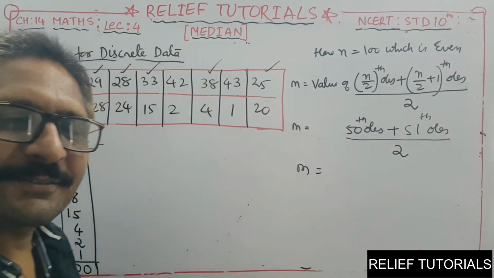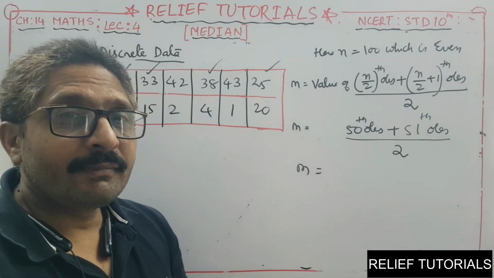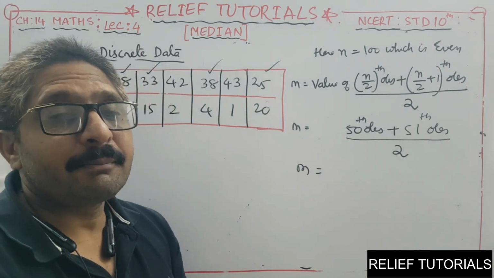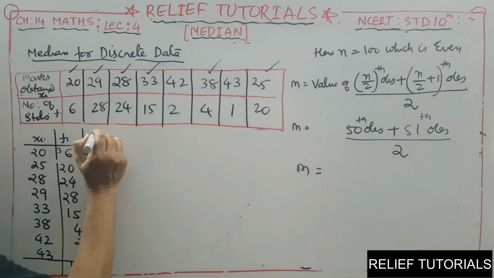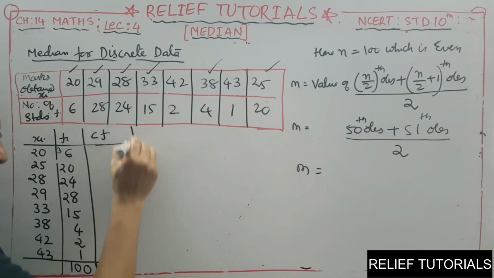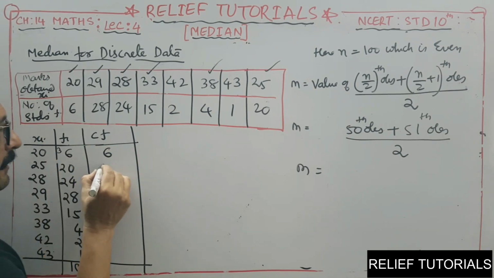Now the question is, which is the 50th observation? I told you, here we have to take the help of cumulative frequency. So we will find the cumulative frequency here, friends. I told you cumulative frequency is easy. What you will do: here 6, so you will write 6. Then 6 plus 20, you will write 26.